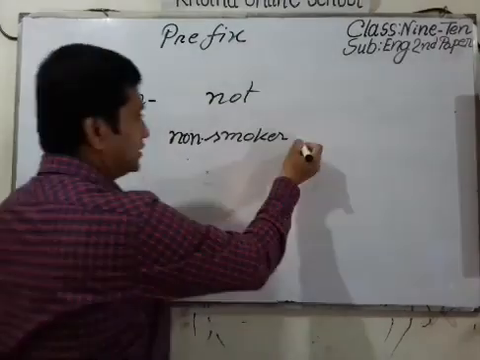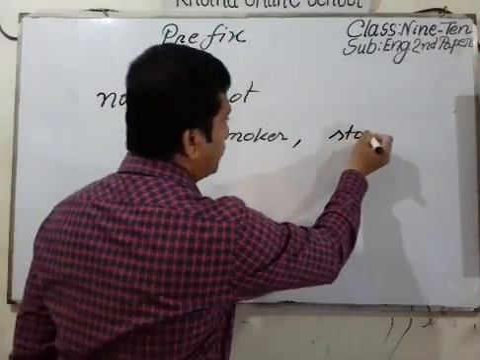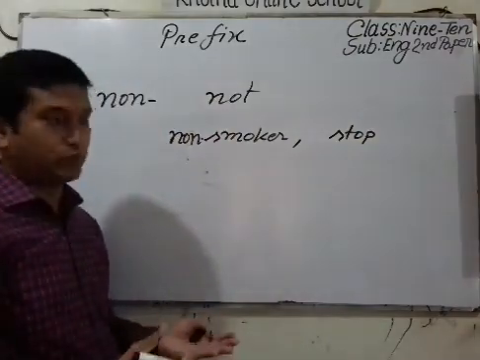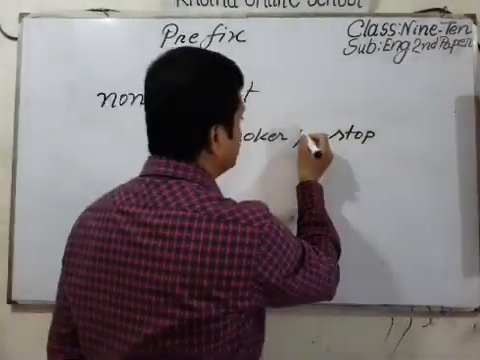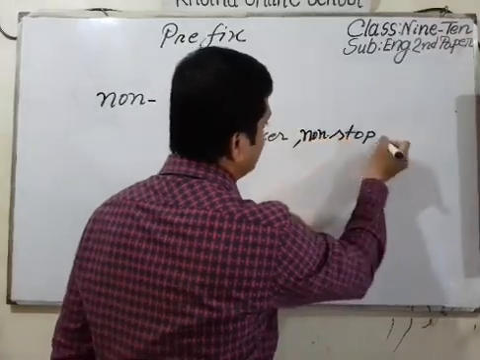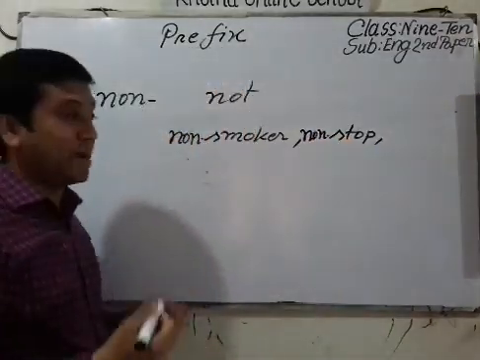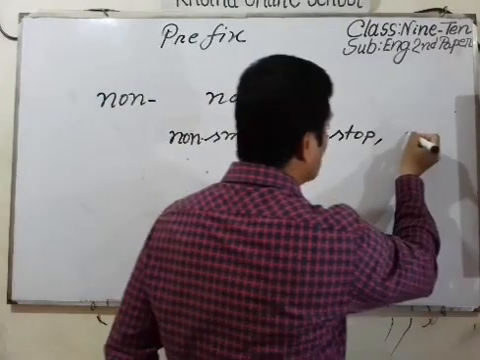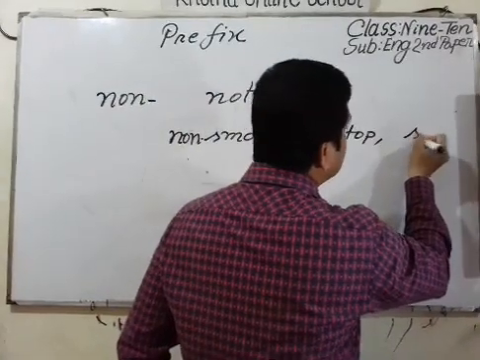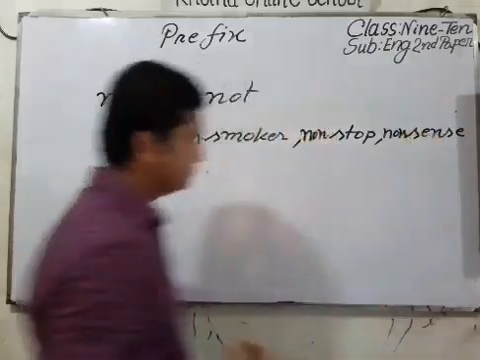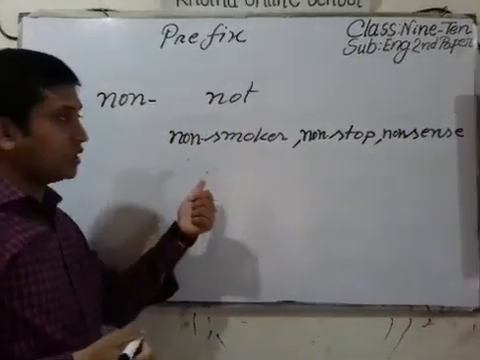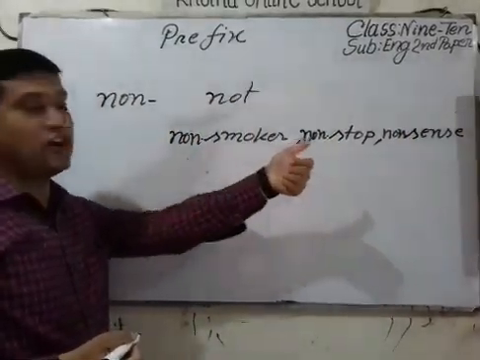Another word, suppose stop or pause, but if it continues without any pause, you can write non-stop. And sense: you have good sense, but if you have no sense, we can write nonsense.